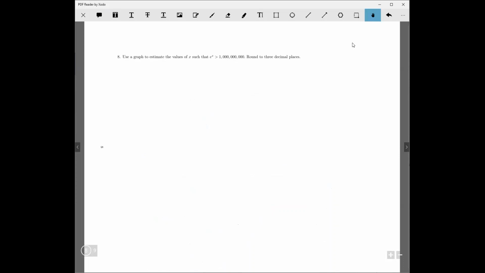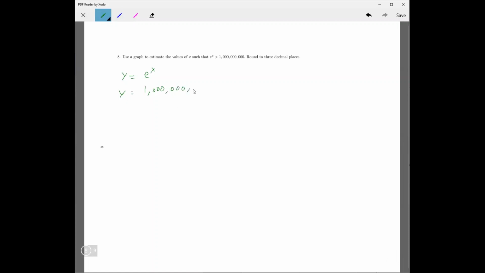Okay, so what I did for that one was go into GeoGebra and graph y equals e to the x, and y equals 1 billion. This one's going to be a horizontal line. This is really high though, and this is going to be e to the x. I had to zoom really far out.